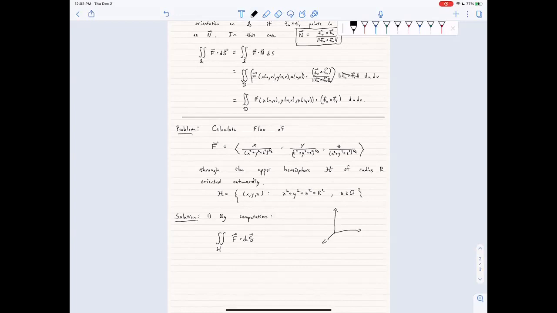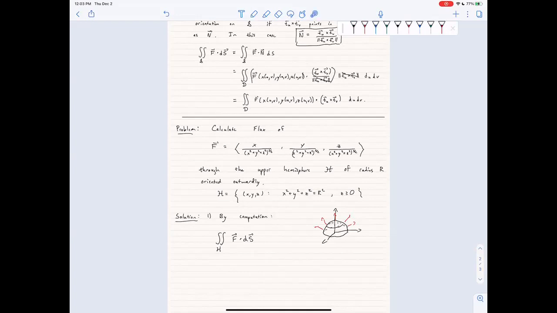So we do indeed have orientability here, because we're looking at this upper half sphere, the hemisphere, and so we can certainly orient. And we're told to orient it outwardly. That means orient everything to point away from the origin. So the full sphere is orientable, and therefore any part of the full sphere will also be oriented. So yes, it is oriented, and we've chosen an orientation.